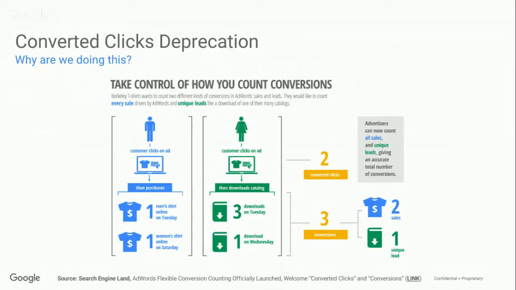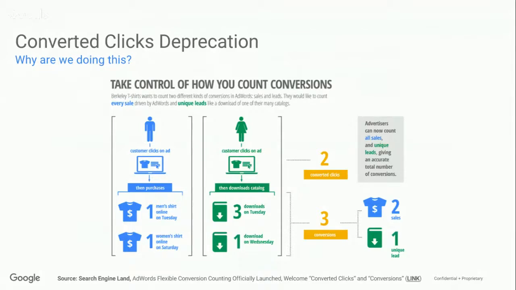In this example, we can clearly see the difference in value with tracking converted clicks and conversions to the precise way that we want to track conversions. Converted clicks only returns two unique activities, where conversions give us 3 activities that we care about.